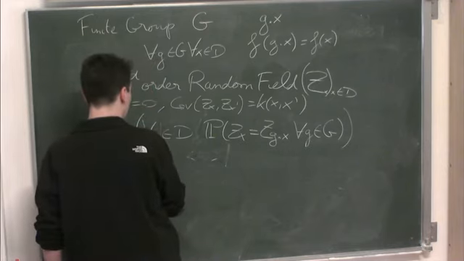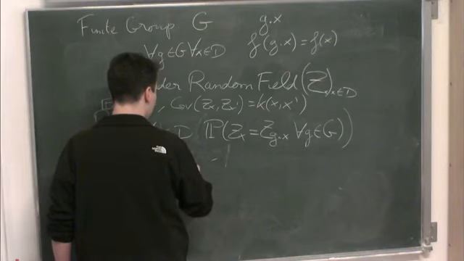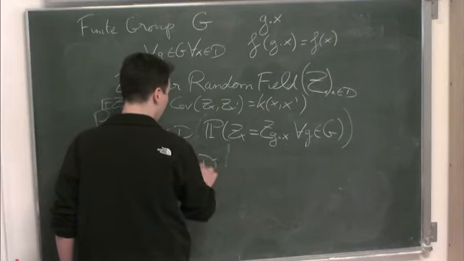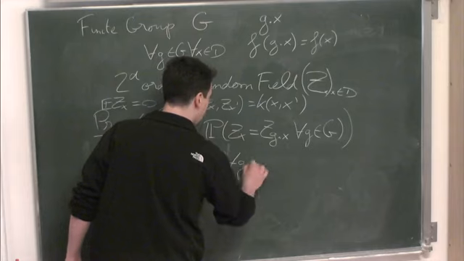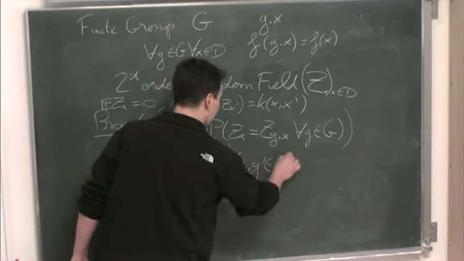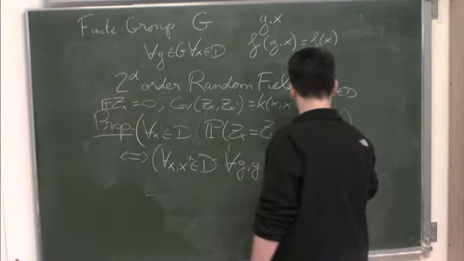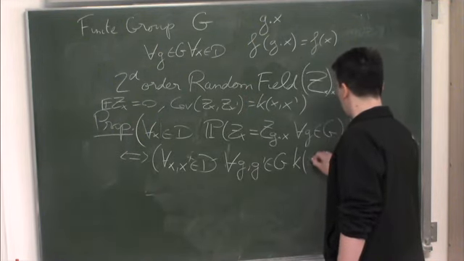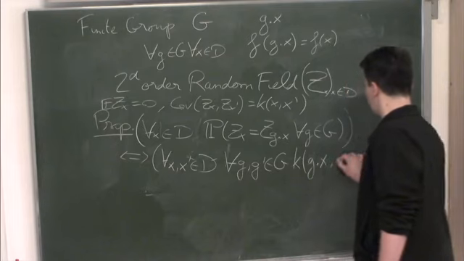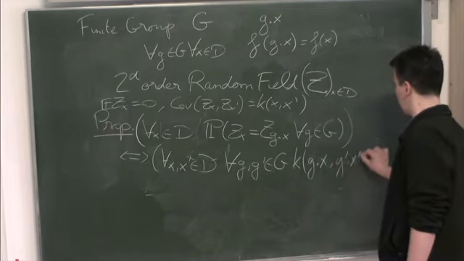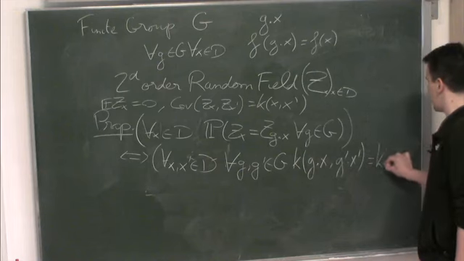For all x, x prime in D, for all g, g prime in G, the covariance of g dot x, g prime dot x prime is equal to the covariance of x, x prime.